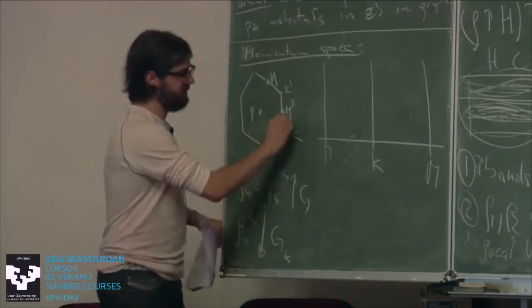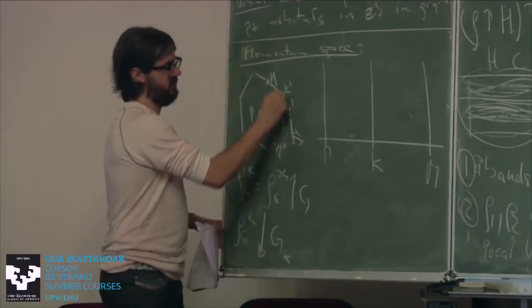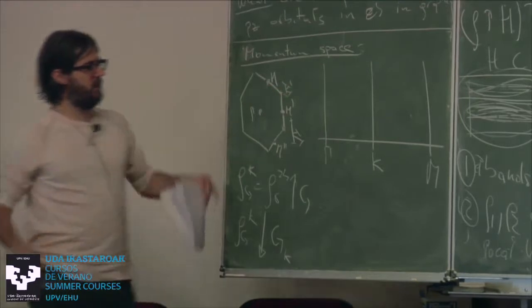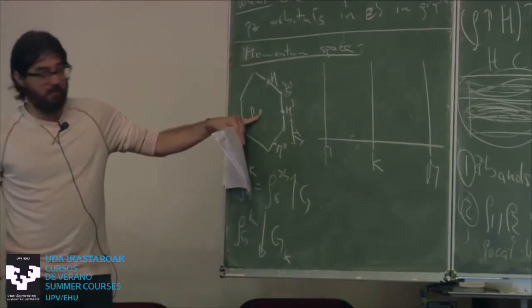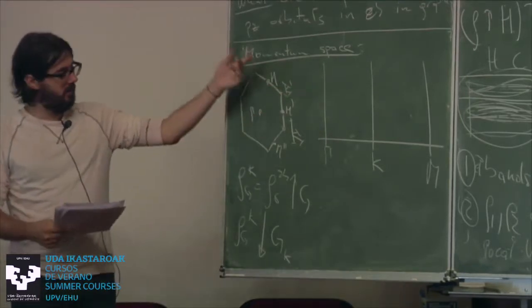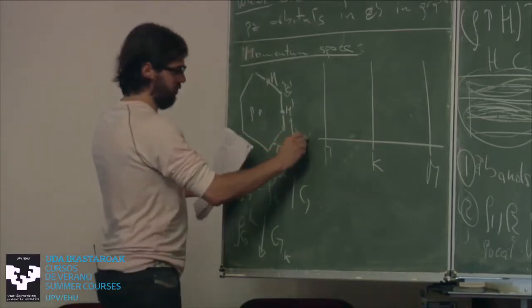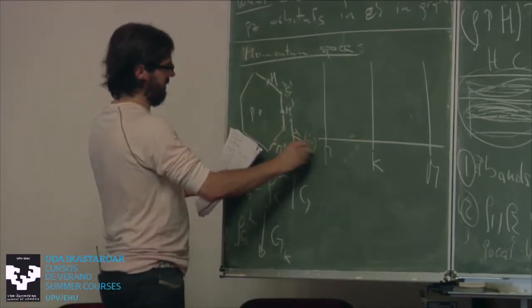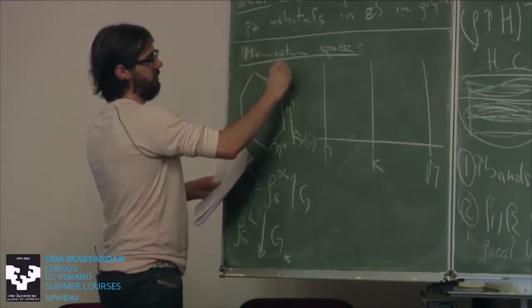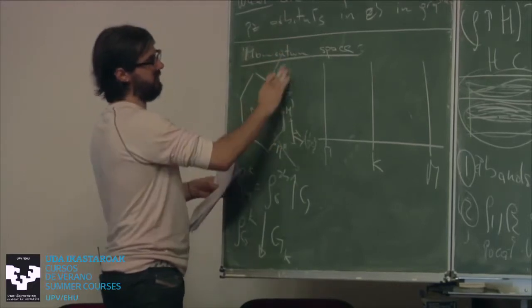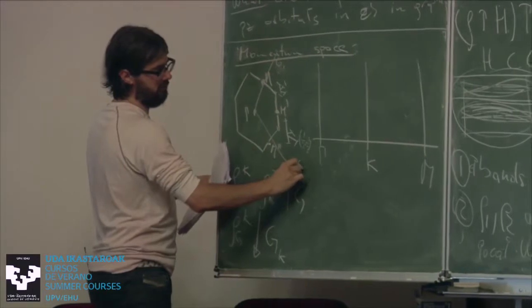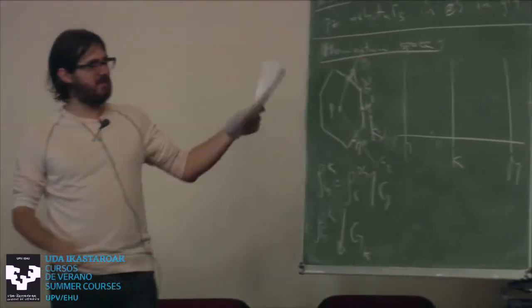This is K, big K, a K point in the Brillouin zone. I'm not going to write all these points. This is obviously the gamma point, 0, 0. These are 1/3, 1/3 and 2/3 in units of G1, G2, the reciprocal lattice vectors. Obviously there's a bunch of G's here.